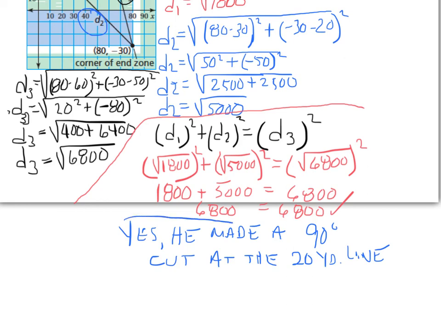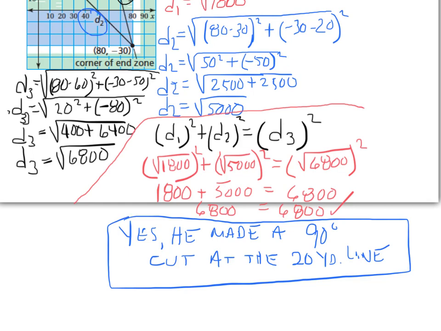And again, we know that not because the picture looks like it, and you have to be careful about that. The temptation is to say, well, it looks like a 90-degree angle, so yeah, it is. We want to be able to prove it, and mathematically we just did. By finding the distances of each of those legs, we were then able to figure out if the converse of the Pythagorean theorem worked.